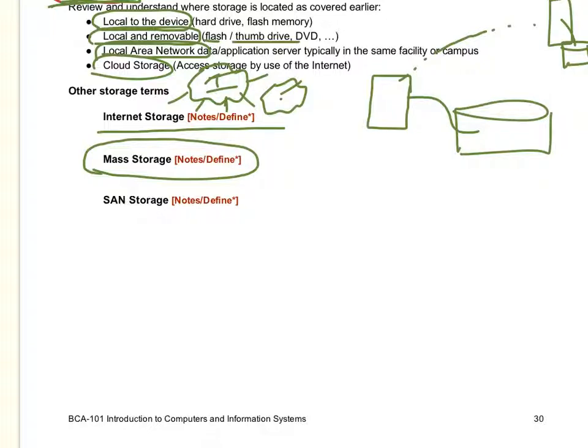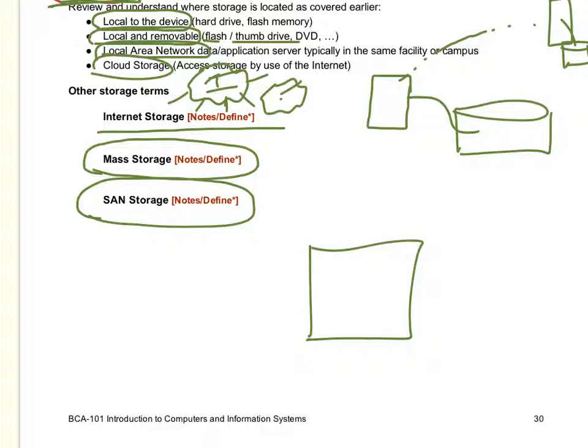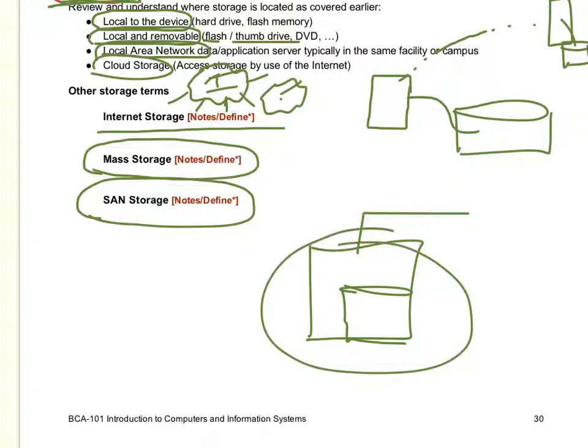And storage area network, the college uses these. It's a device set up with huge numbers of hard drives in it, and it's connected directly to your network. So it's designed only for storage. And that's it.